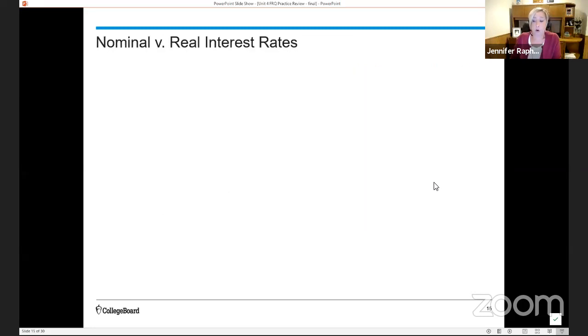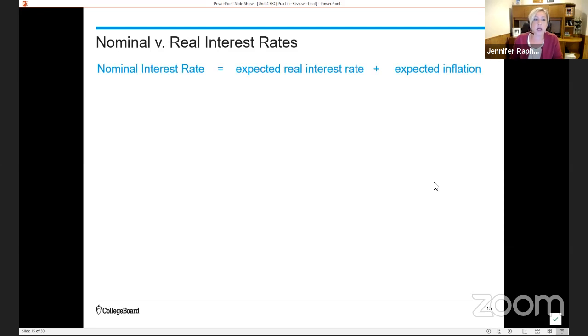One other topic in this unit is the relationship between nominal and real interest rates. I know this can be a real tricky point. It's simple conceptually, but it becomes tricky in its application. So let's see if we can tease out some nuances that might be helpful.